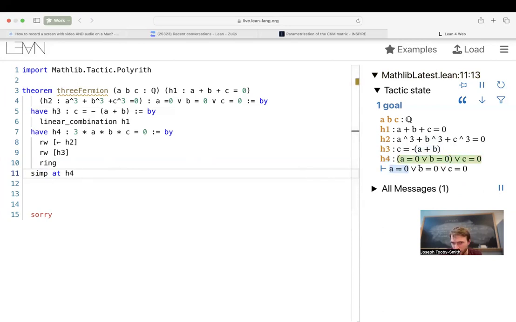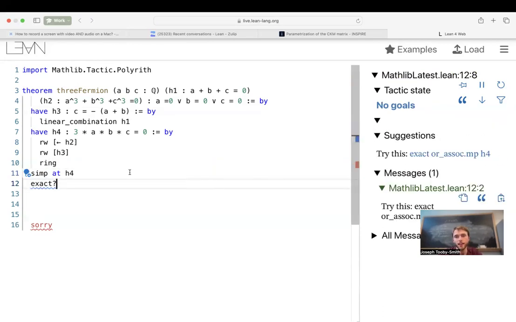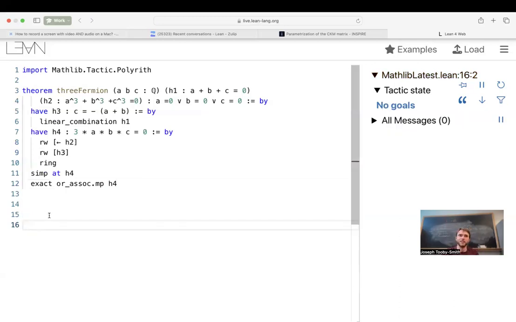And now H4 is almost exactly the same as our goal. It's not quite the same, but if we write exact?, Lean will look for how to make them the same. And it will tell us, if you can see here, it says exact or associative on H4. And that solves our goals. And we can remove the sorry, and we get an error-free proof.